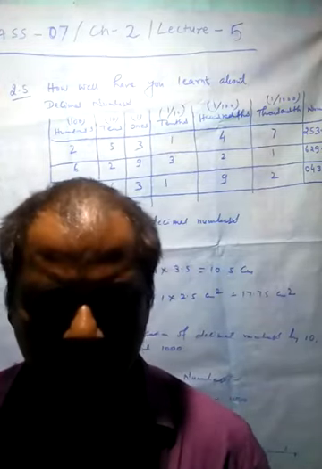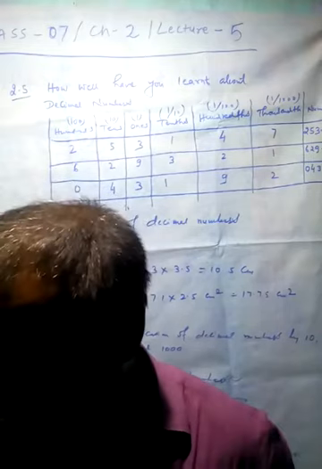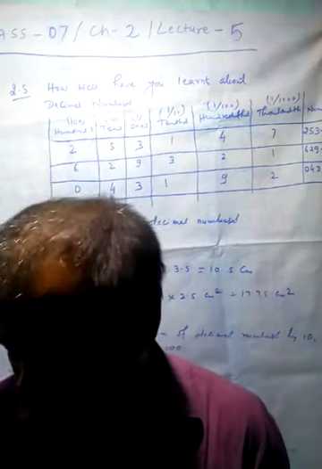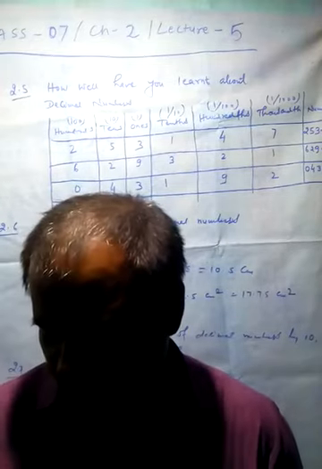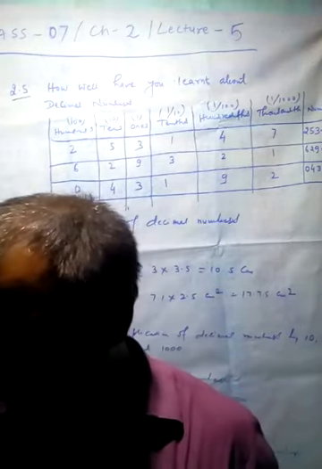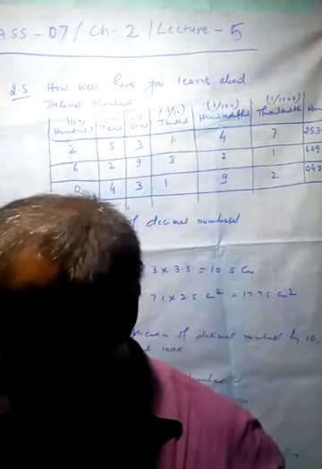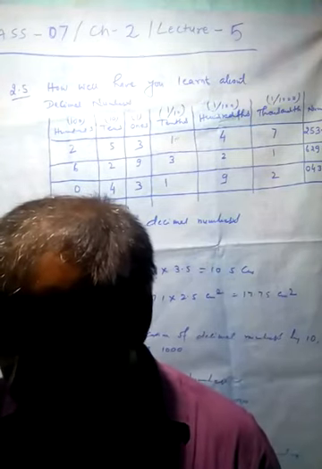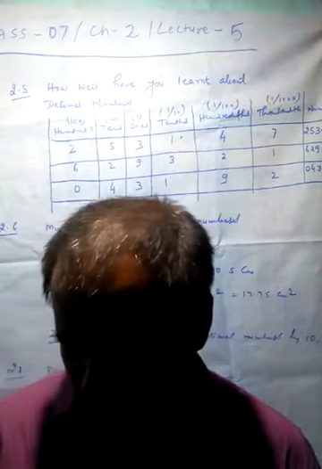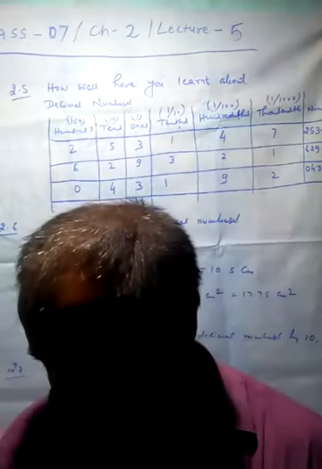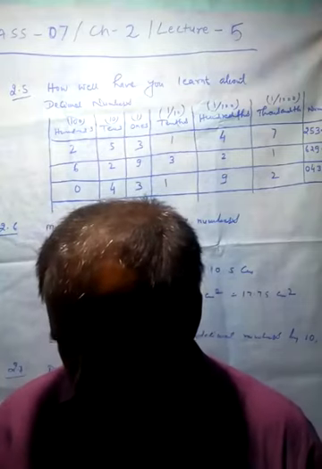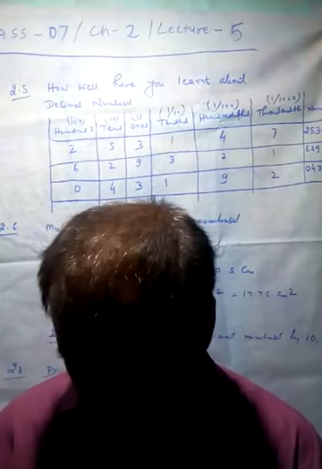Hence 0.1 into 0.1 is equal to 0.01. Note that 0.1 occurs two times in the product. In 0.1 there is one digit to the right of the decimal point. In 0.01 there are two digits, that is 1 plus 1, to the right of the decimal point.